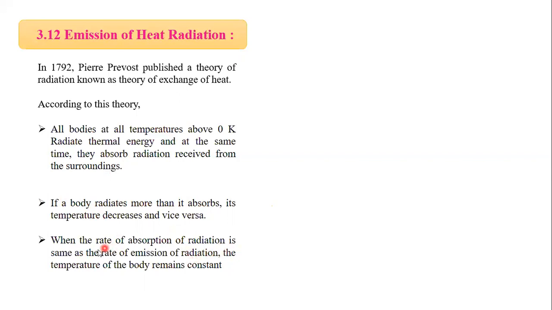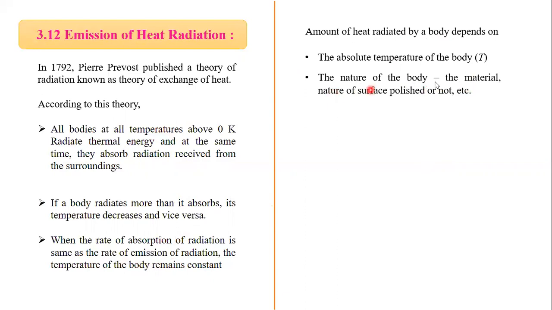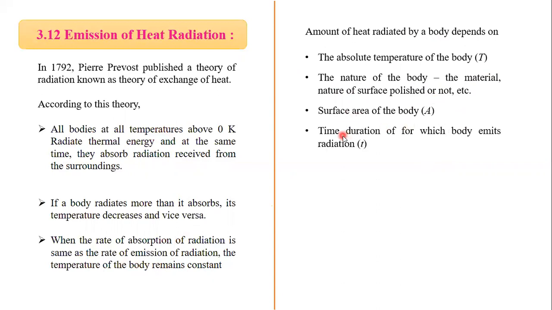When the rate of absorption is the same as the rate of emission, means the body radiates and absorbs the same quantity of heat, then there is no change in the temperature of the body. The temperature of the body remains constant. The amount of heat radiated by a body depends on temperature, nature of the body, material of the body, as well as nature of surface area, and the time duration for which the body radiates. On these factors it depends.